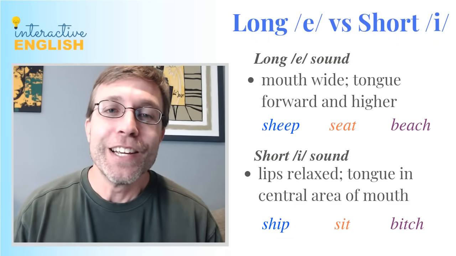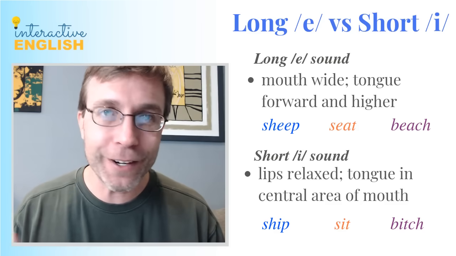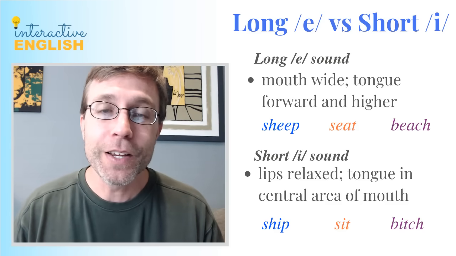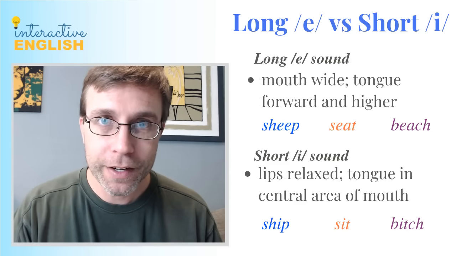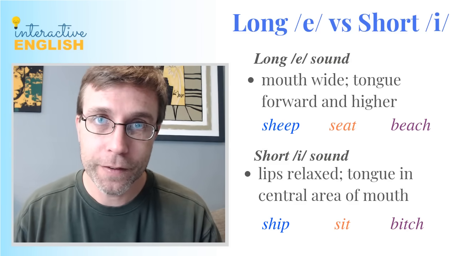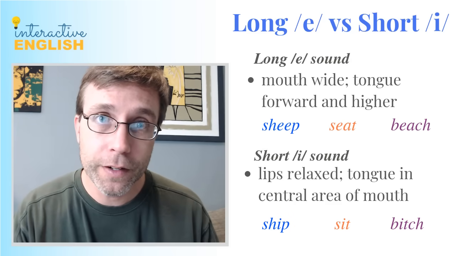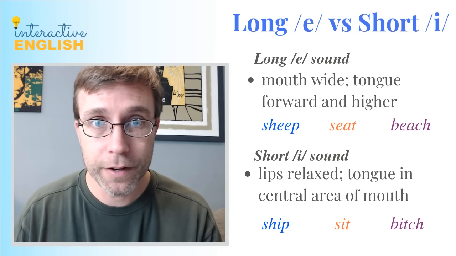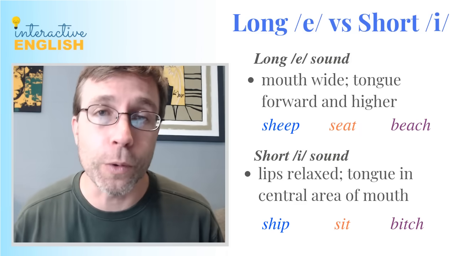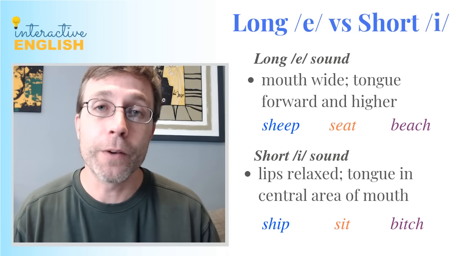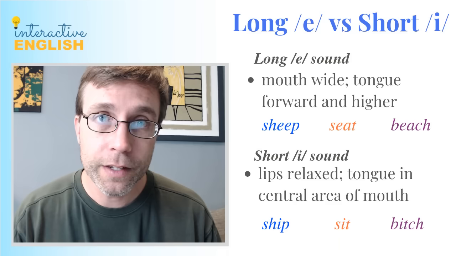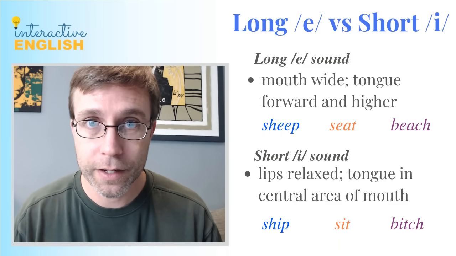The first one, let's say it together, all right? Don't be shy. Ready? Sheep, ship. Say it one more time. Just repeat after me. Sheep, ship. The next one, let's look at those orange words right there. Ready? Seat, sit.